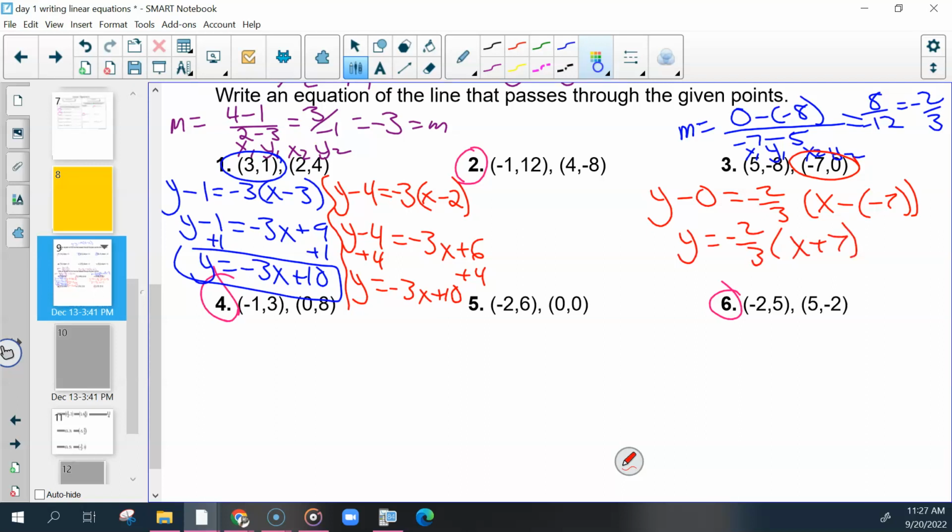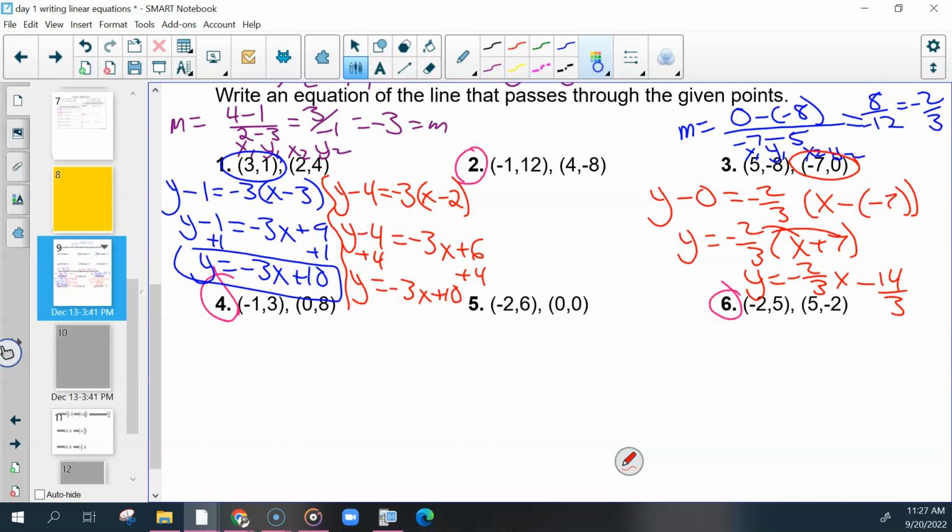In this case, our y-intercept is going to be a fraction. That's okay. That happens sometimes. So we have y equals negative 2/3 x minus, this would be negative 2 times 7 over 3.